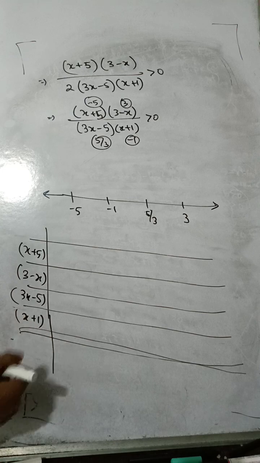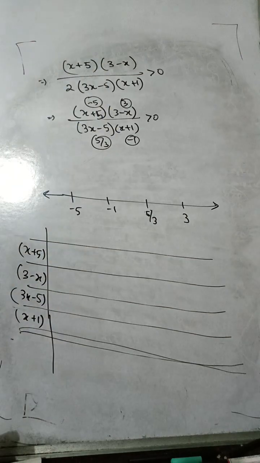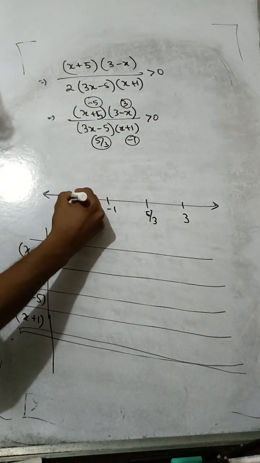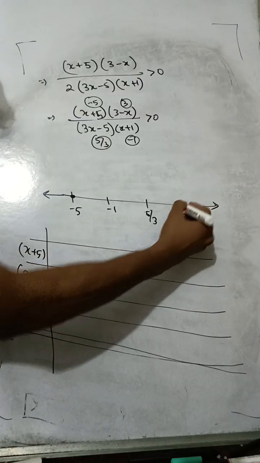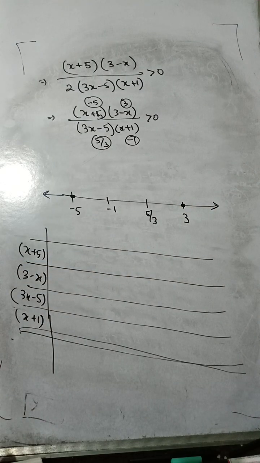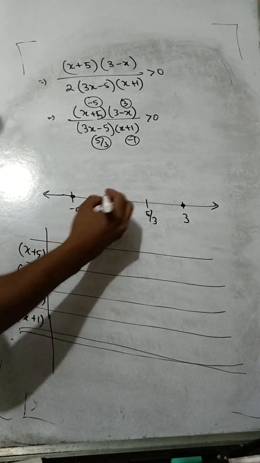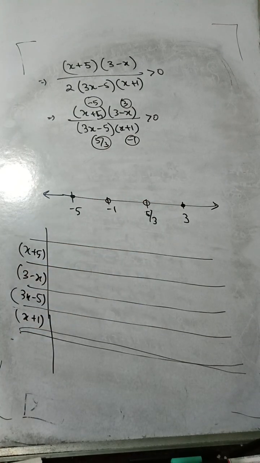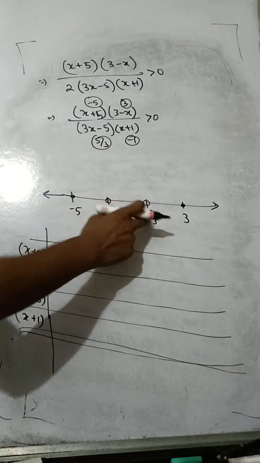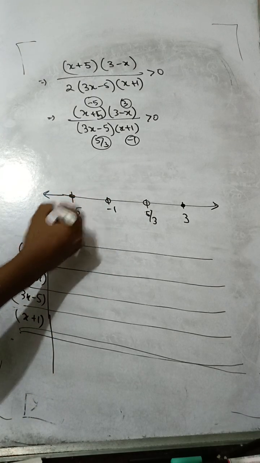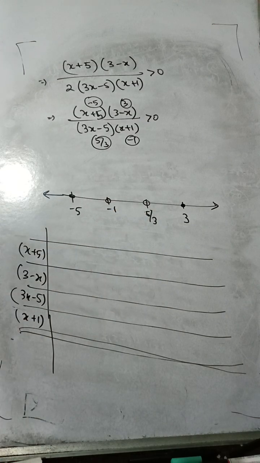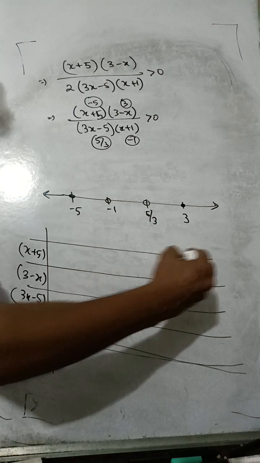So now look, the numerator is x plus 5 and 3 minus x, and these are the critical points, minus 5 and 3, so we will include them, right? Because on including them it will become equal to 0, which is not a problem. But we cannot include minus 1 and 5 by 3, because on including these points the expression becomes undefined. So we will place holes on minus 1 and 5 by 3, and on minus 5 and 3 we put bold points.